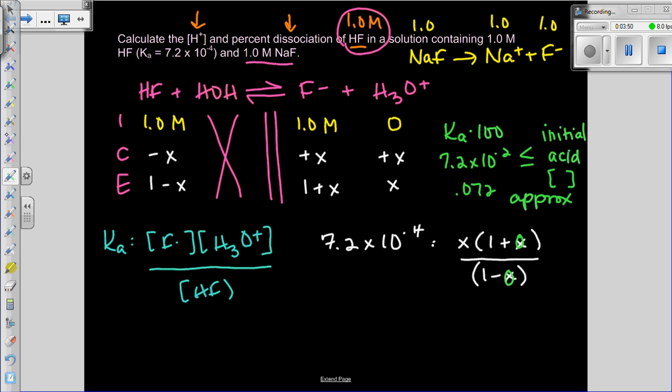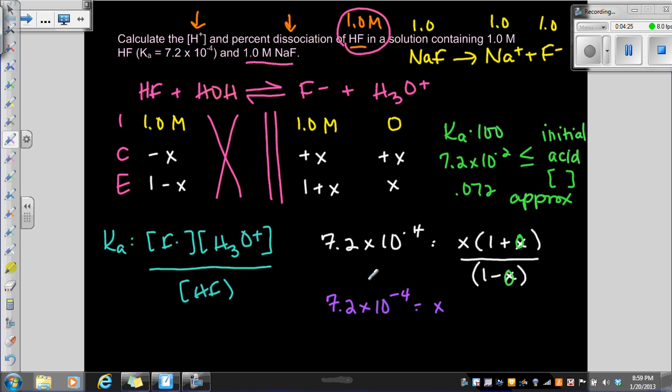So what I really have is 7.2 times 10 to the negative fourth equals x times 1, which would be x over 1. Because this is over 1, my x is really equal to 7.2 times 10 to the negative fourth.